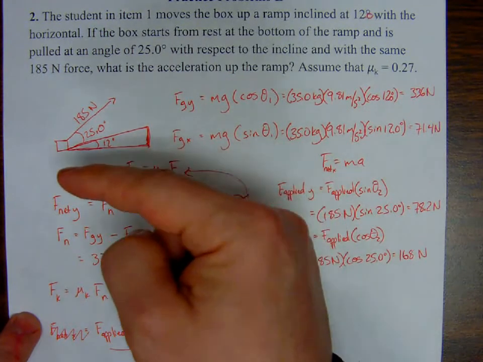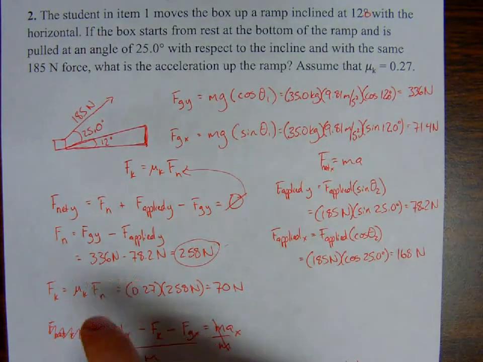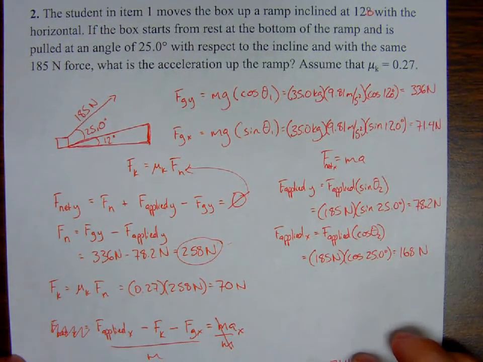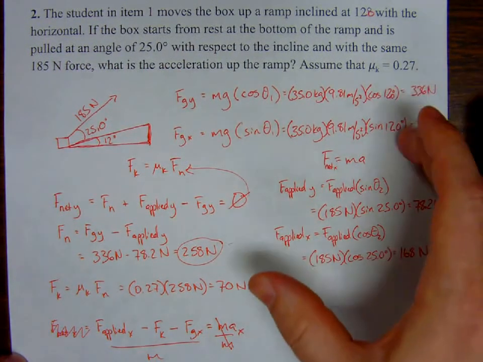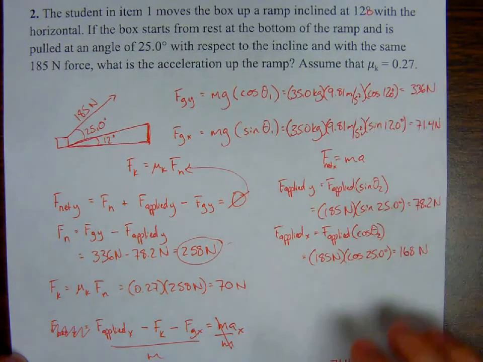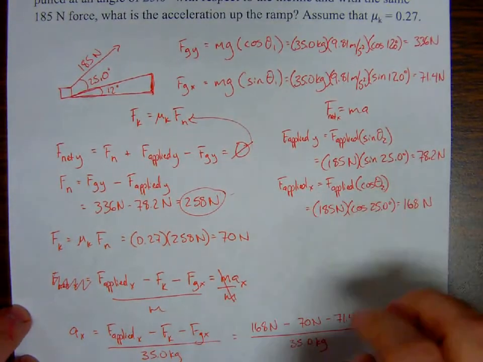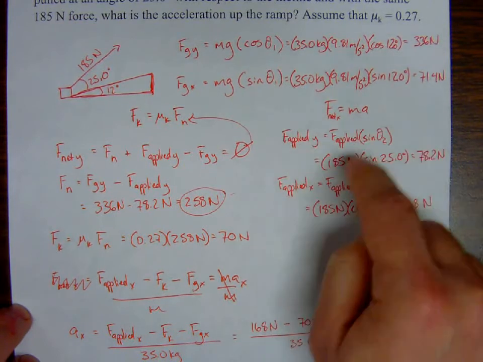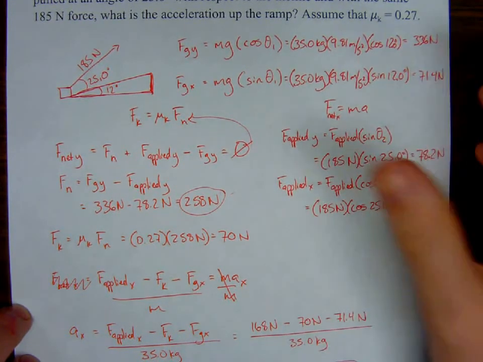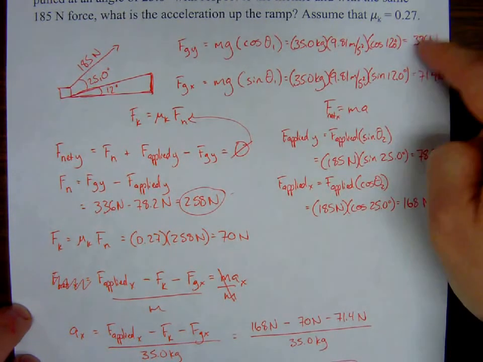Okay, that's one of them. The other thing I need to take into consideration is the force of kinetic friction. So what I have to do is calculate the force of kinetic friction. But in order to do that, I have to solve for normal force.